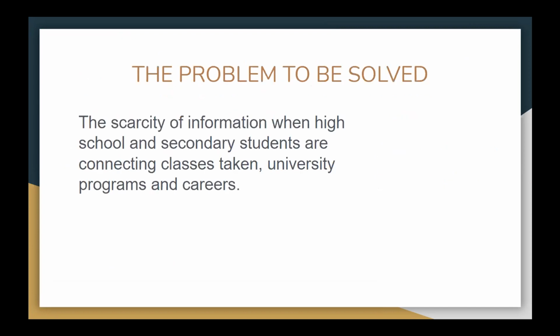Yep. So this is the problem we wanted to solve: the scarcity of information when high school and secondary students are connecting classes taken, university programs, and their end career goals.